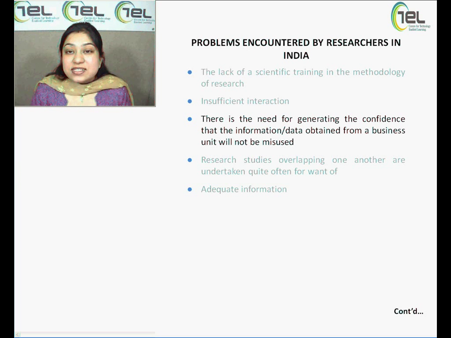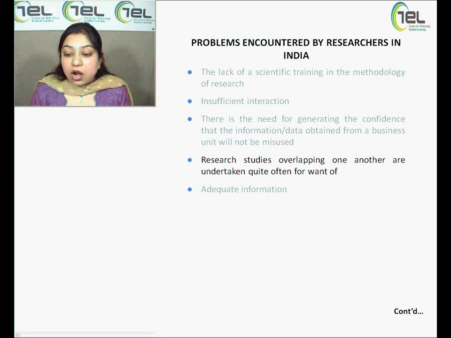Whenever a researcher tries to take data from business organization people or managers, they think that the data will be misused, or the information will be leaked. So they try to hide things, and this is the main problem where good research cannot take place in India.